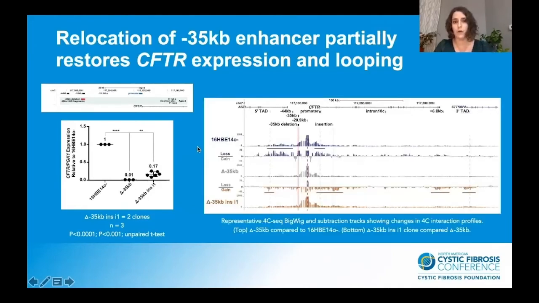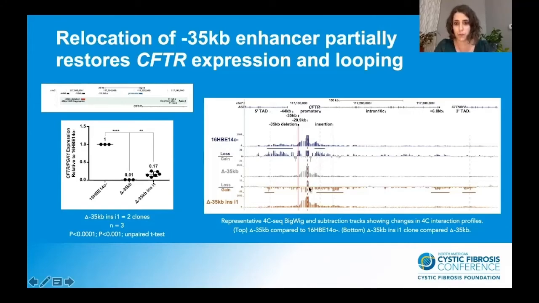Now, taking a look at what happens to the interactions in these cells, deleting minus 35 kb leads to a loss in interactions between the minus 20.9 kb enhancer blocking insulator, upon loss of minus 35, and we also see the loss with the promoter.